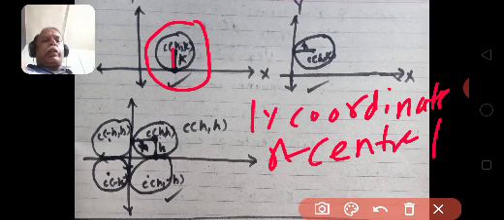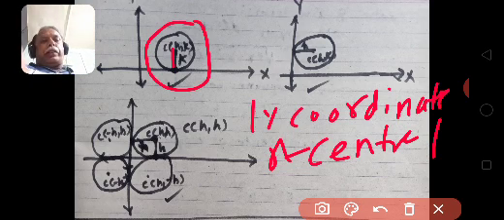Why this modulus? Because we know that radius is the distance between the center and a point on the circle, and radius is never negative because it is a length. That's why we use the modulus of the y coordinate of the center.